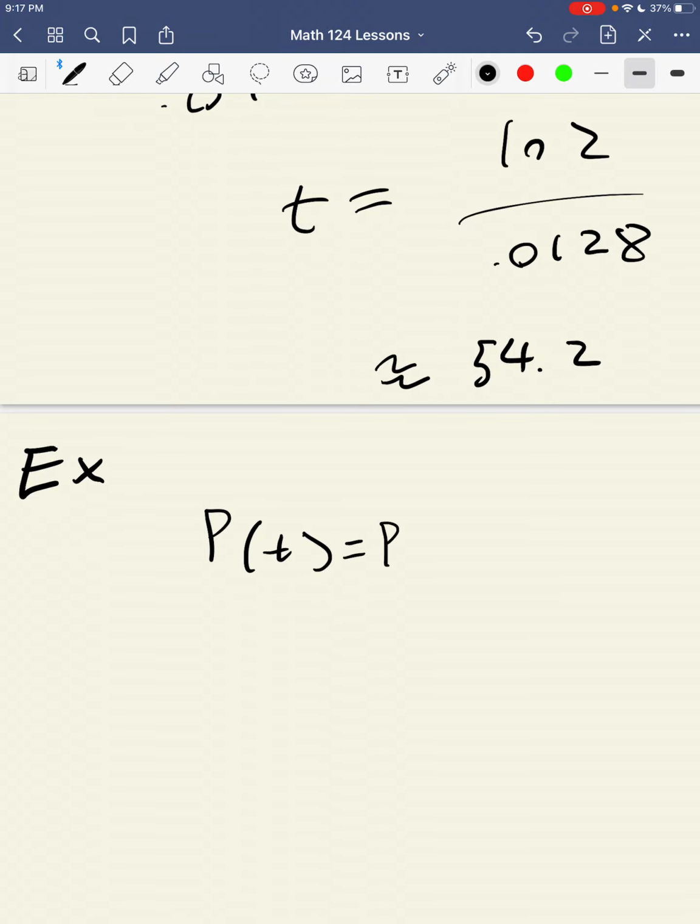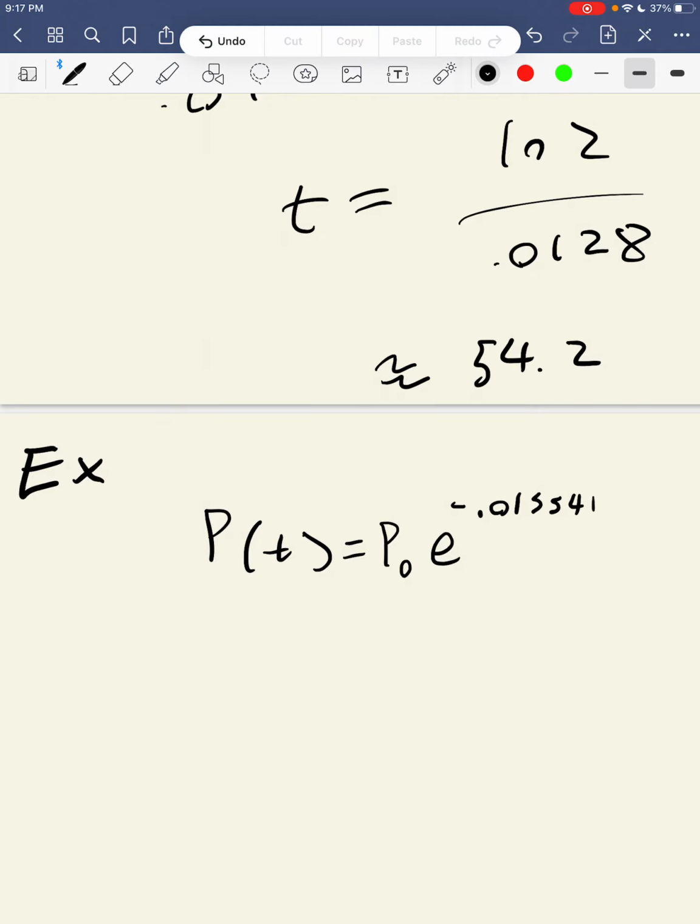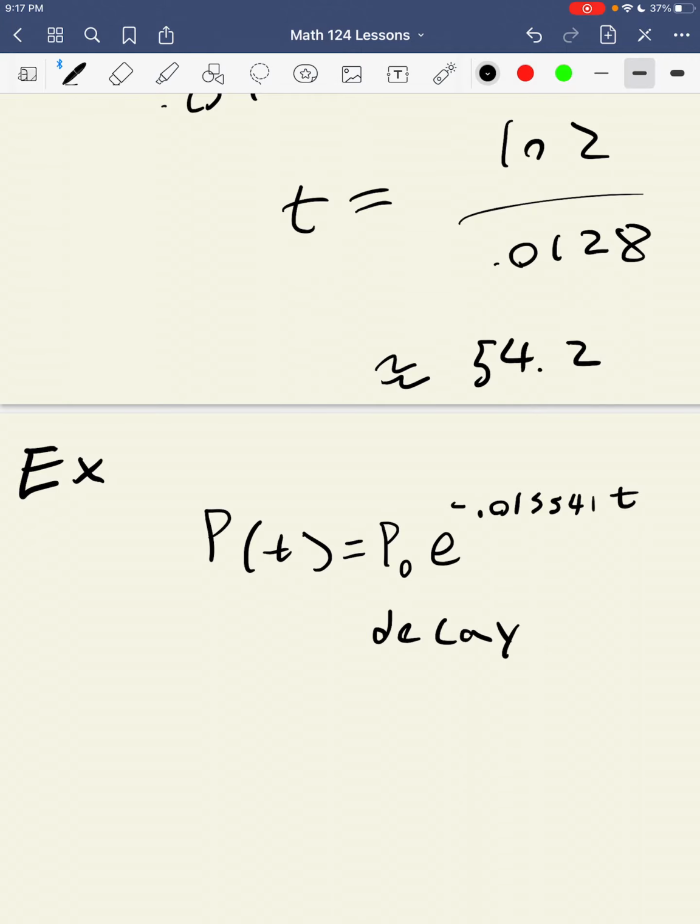Say we model it by its initial amount, E, and then it will be a negative rate, say negative 0.01551 t, right? So this is a decay model.